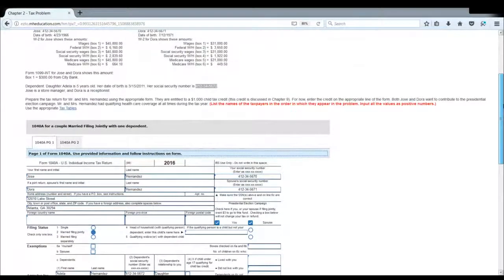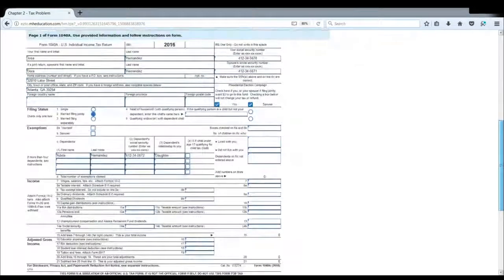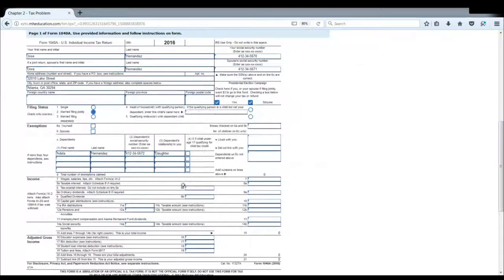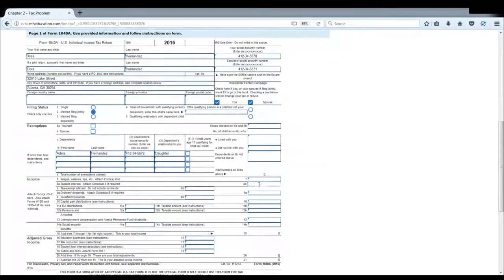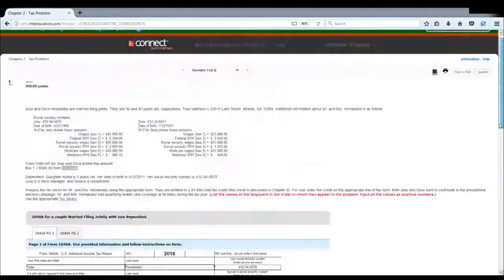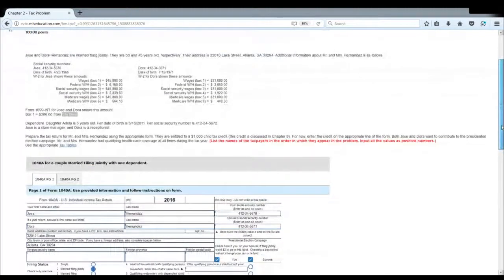So if we're talking about interest of $300 from Citibank, see how this goes. I'm going to go to line 8A. Oh, what do you just do? Just put in the number? That's what you guys have been doing? We just plug everything in. Okay. So 300. That's for the interest.